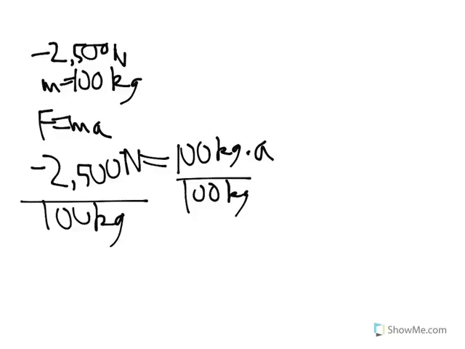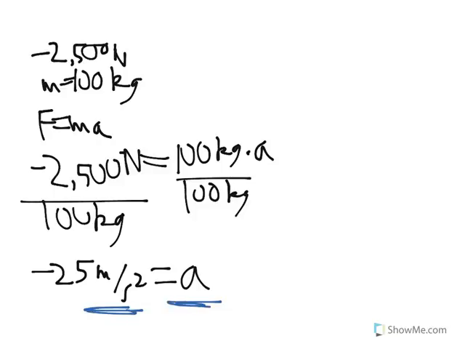Do the arithmetic, and we end up with negative 25 meters per second squared equals acceleration. We do a check. Meters per second squared is the unit for acceleration, so the units check out. It's negative, so it's in the negative direction, and that's good because the water is being forced backwards. So we can conclude that we probably did it right.